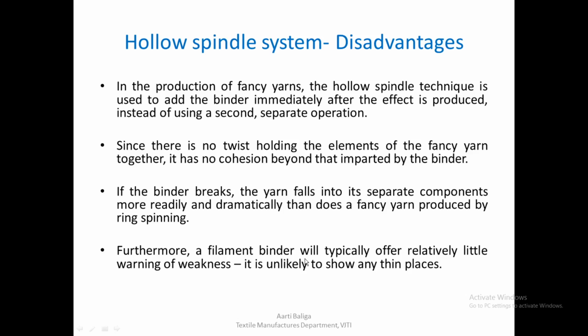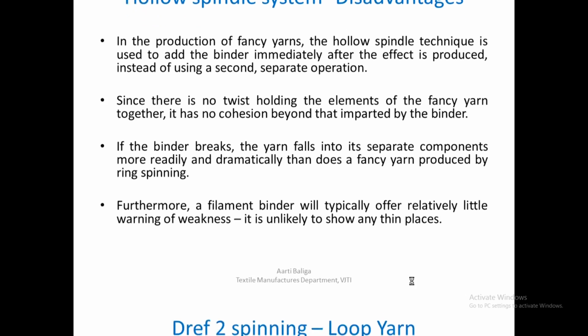In a filament binder, to identify a weak spot is relatively difficult, and therefore it will break without any kind of warning, and therefore it is more likely to affect the structure of the final yarn. Since the filament binder is unlikely to show any thin places, it will just break off without warning.